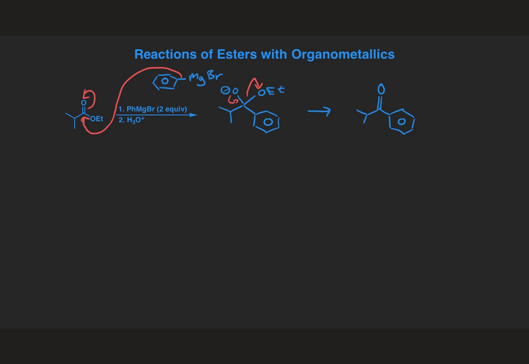Now, this is a neutral molecule, and it looks like we could be done here. But it turns out that ketones are more reactive towards nucleophiles than esters. So rather than a second Grignard reagent attacking another ester, before that happens, another Grignard reagent is going to come in and attack the carbonyl again and form another tetrahedral intermediate.